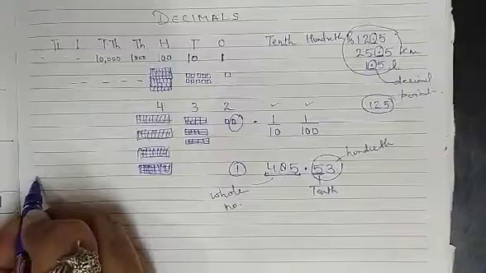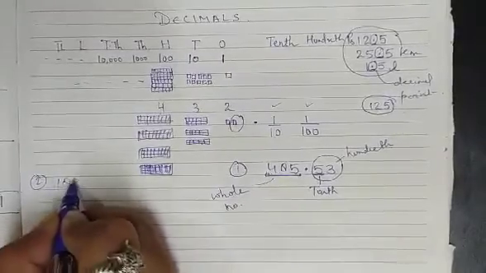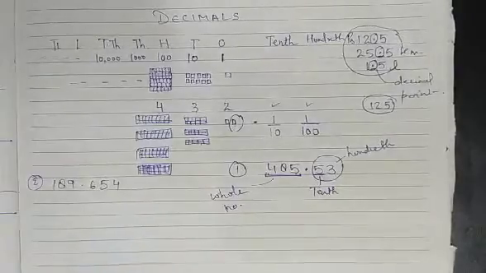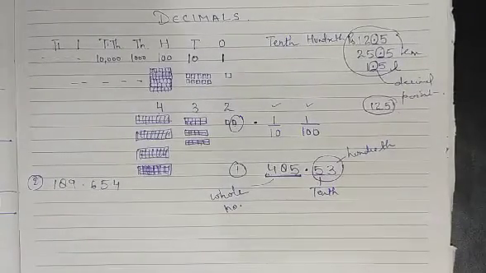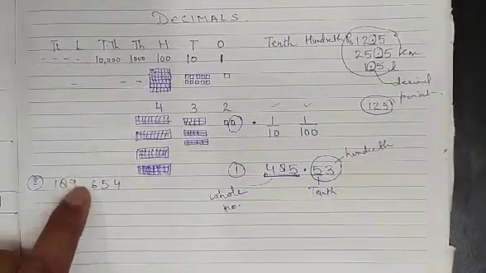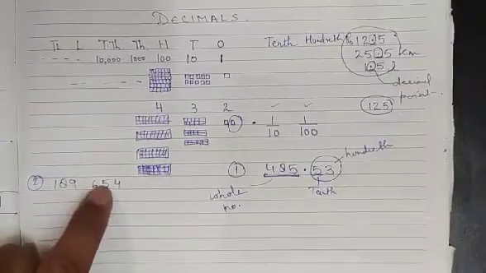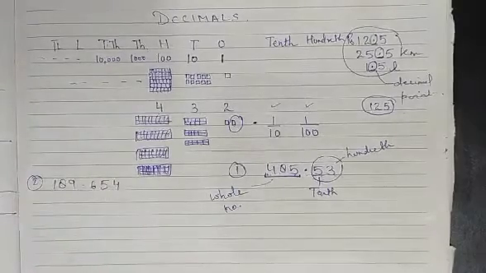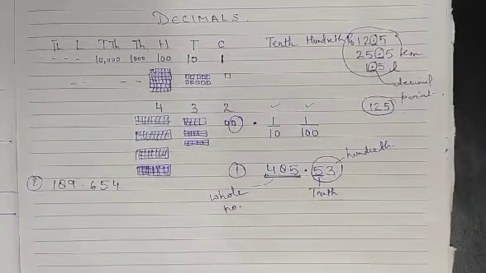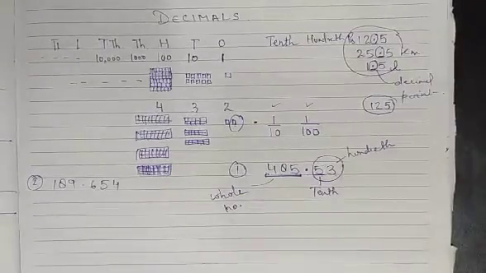If we take a second number, 189.654, how are we going to read it? Clear? In this manner we are going to read it.